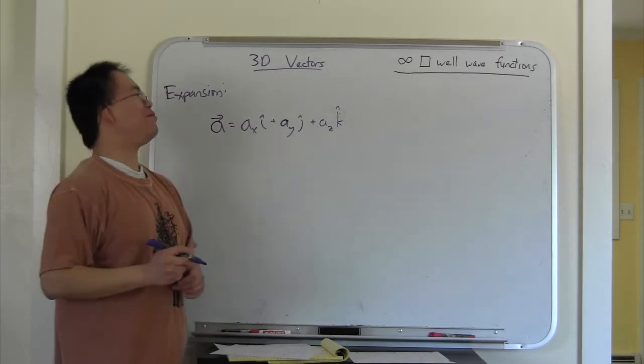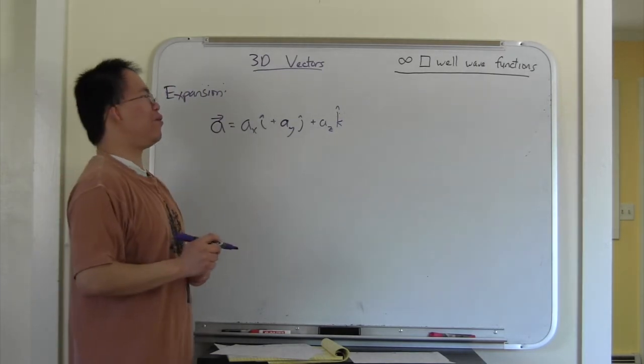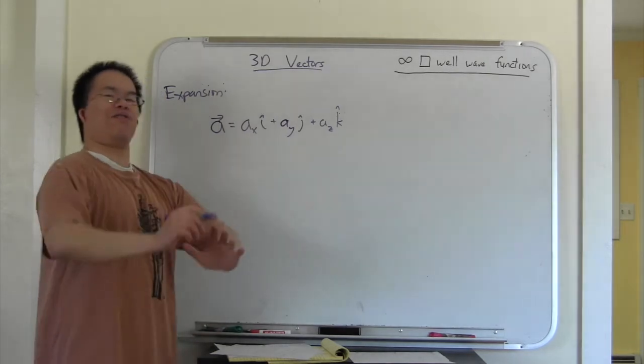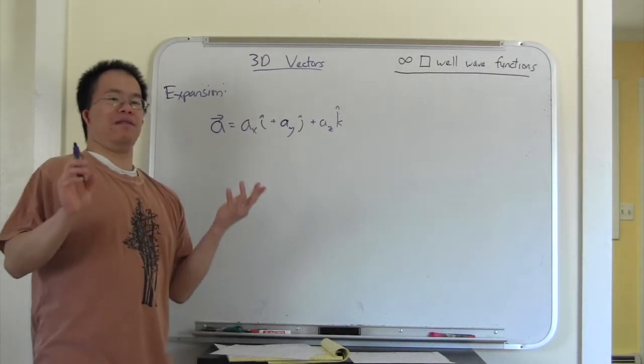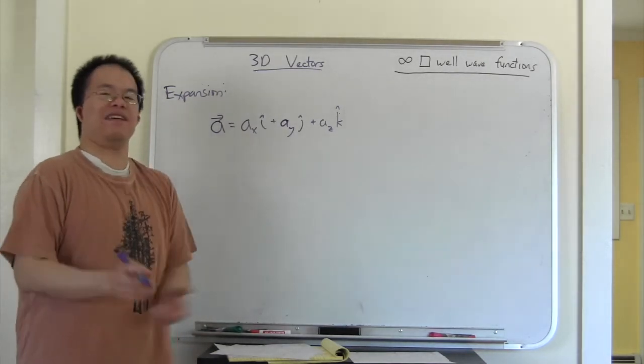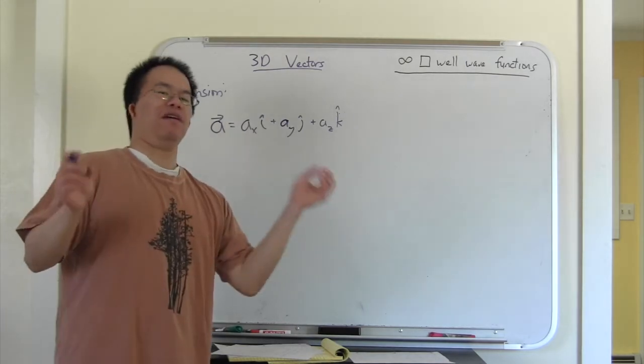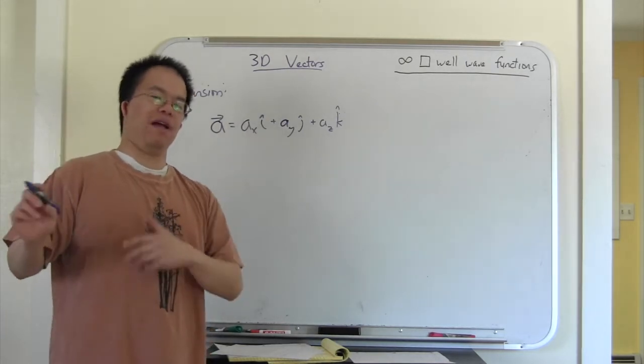The same thing I can do with my infinite square well wave functions. So for any arbitrary wave function that can be in an infinite square well, so it has to vanish at 0 and L.